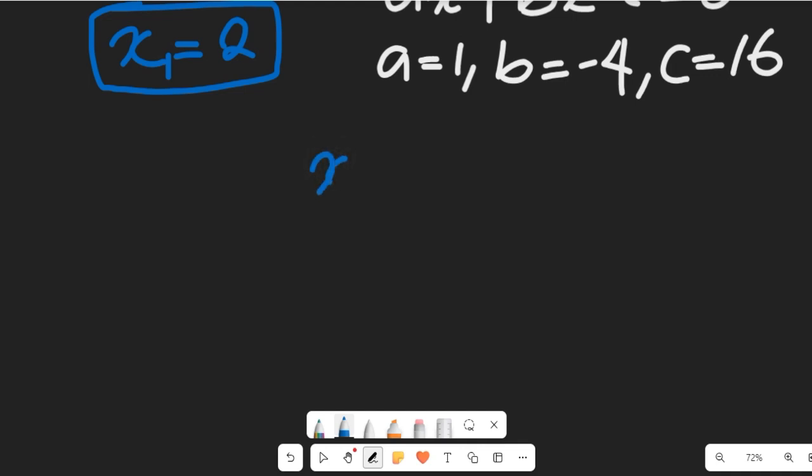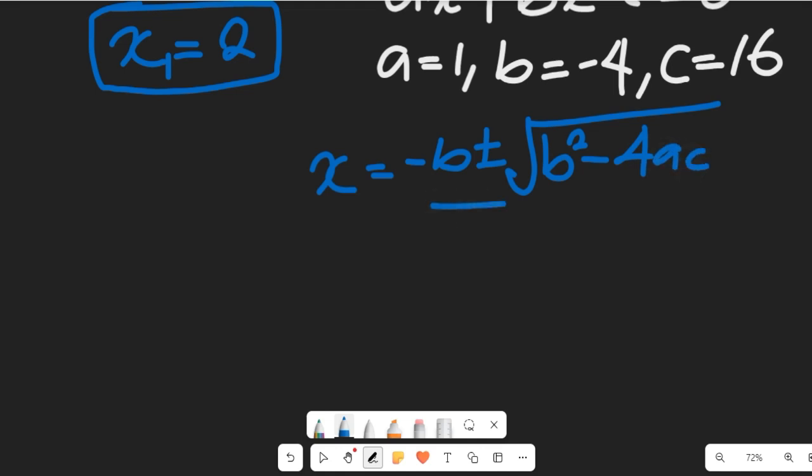So the value of our x will be equal to negative b plus or minus the square root of b squared minus 4ac, divided by 2a, right?